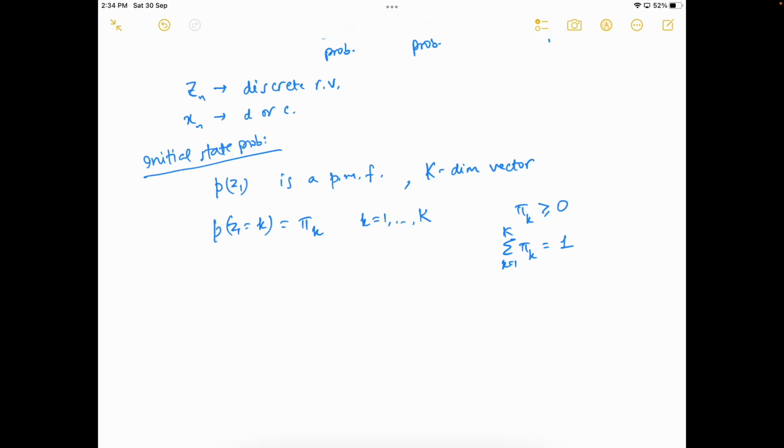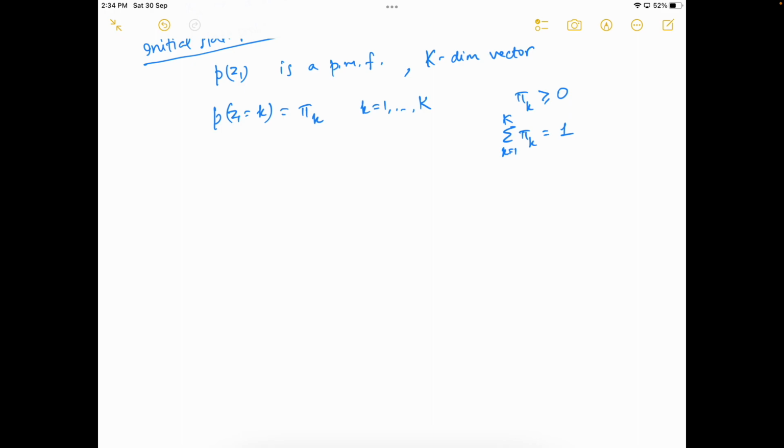It's a PMF simply. Clear? Finite number of learnable parameters, you can say. How many learnable parameters here? Quick question. K minus 1.